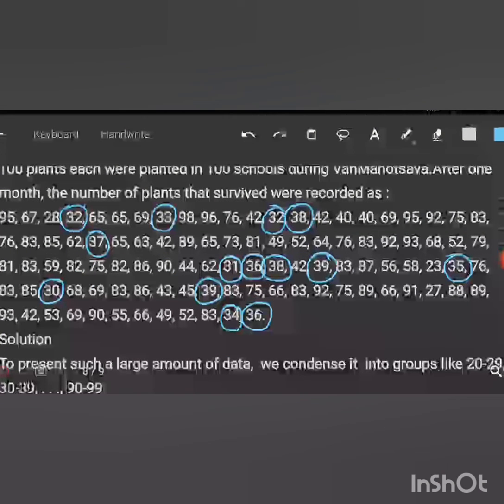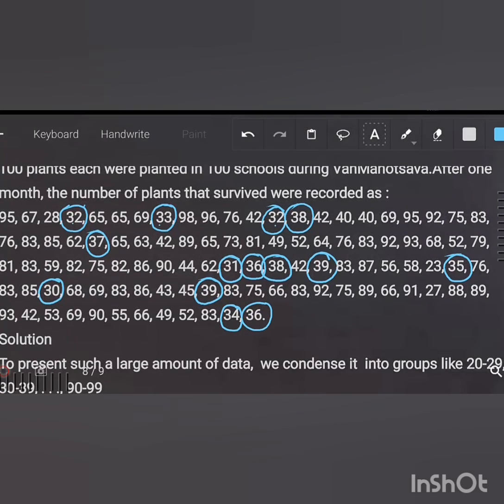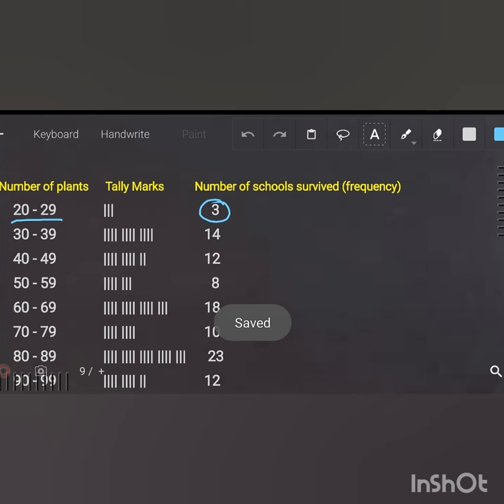So now count 1, 2, 3, 4, 5, 6, 7, 8, 9, 10, 11, 12, 13, 14. So 14 is the number here.